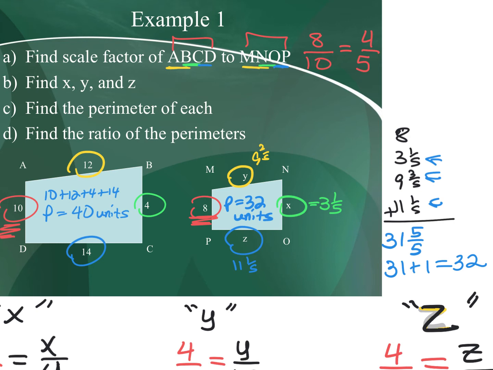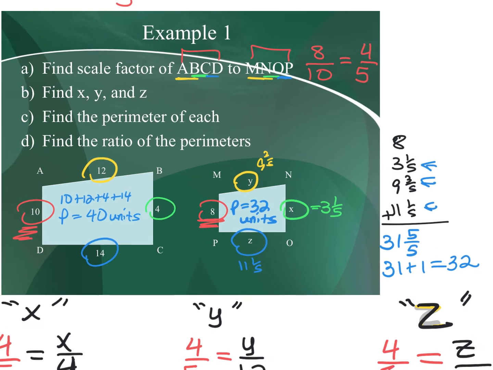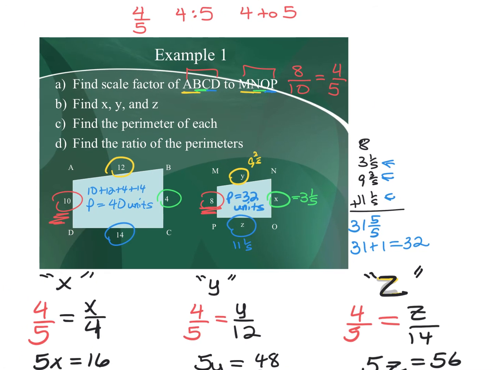Now it wants me to find the ratio of the perimeters. So again, if I take my totals here and put 32 over 40, notice if I divide them both by 8, they simplify to 4 to 5.